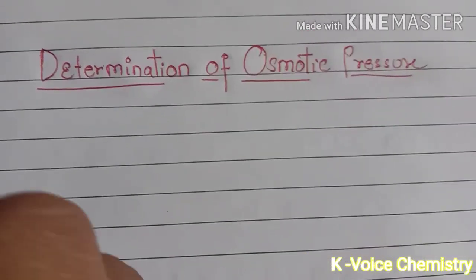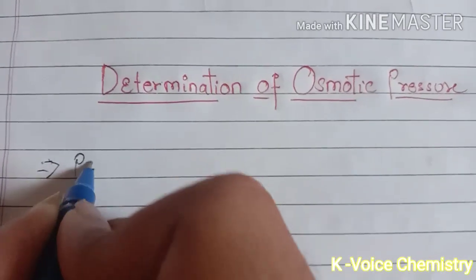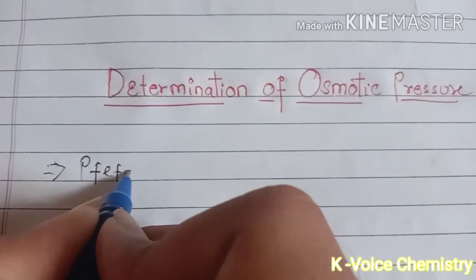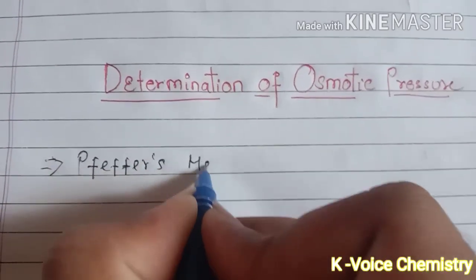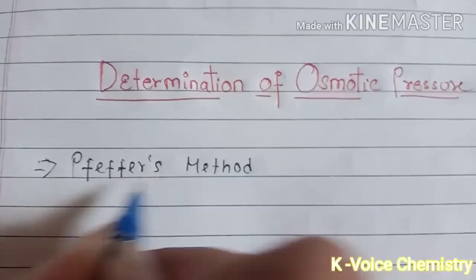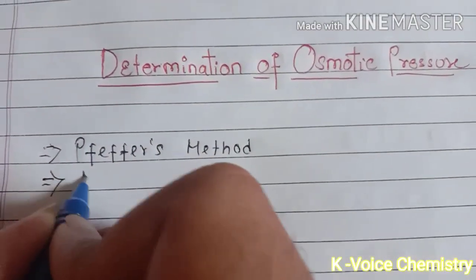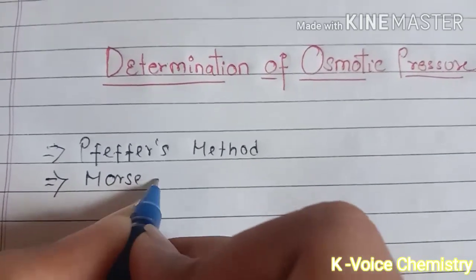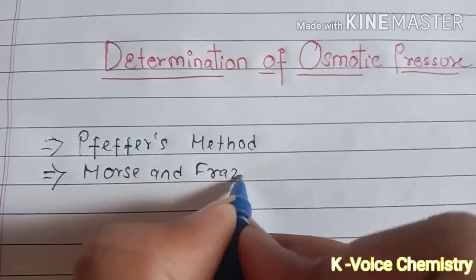The first method will be Pfeffer's method. We'll talk about this method in detail. The second method will be Morse and Fraser's method.